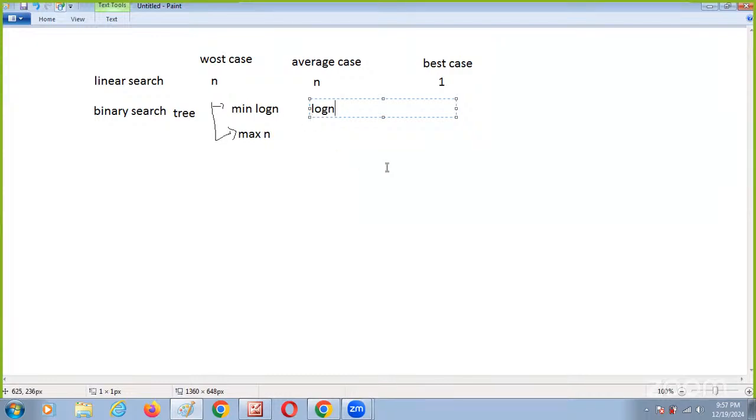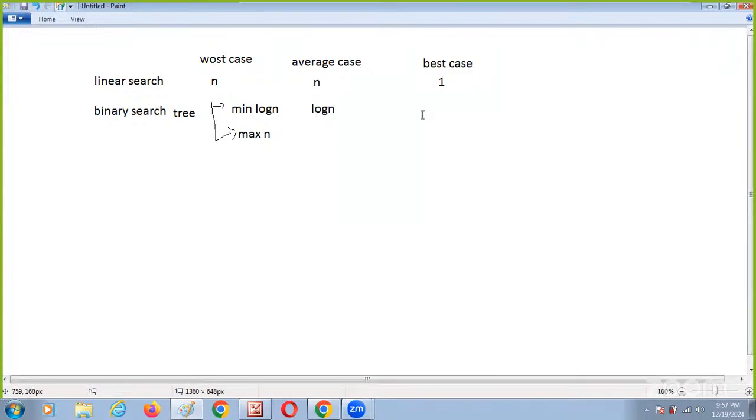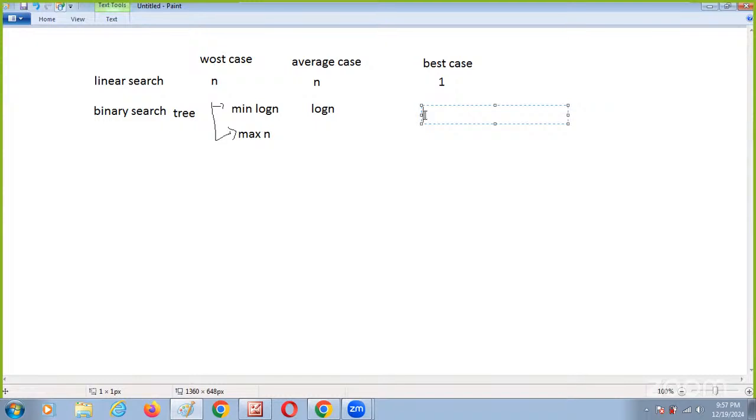What is the best case? If the element is found at the starting position, that is the best case. If it is the root node, then I can find it in one step.